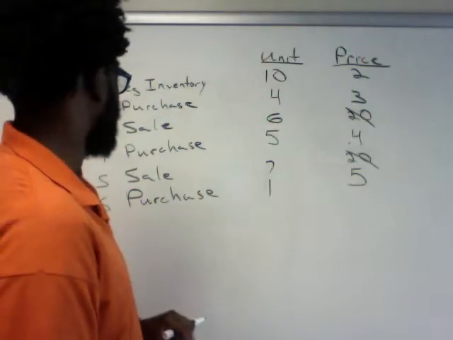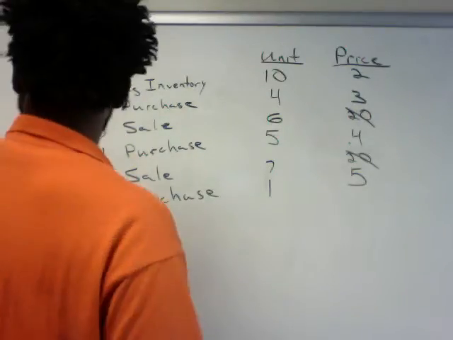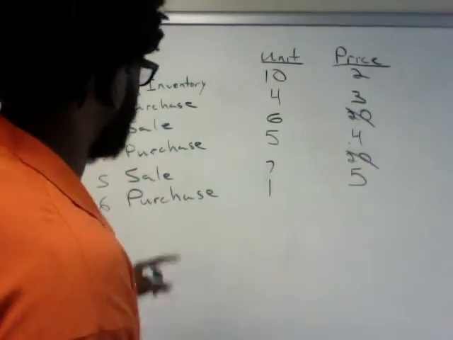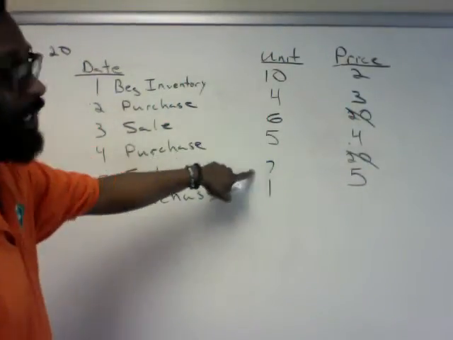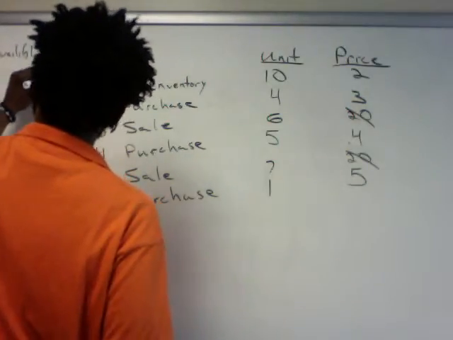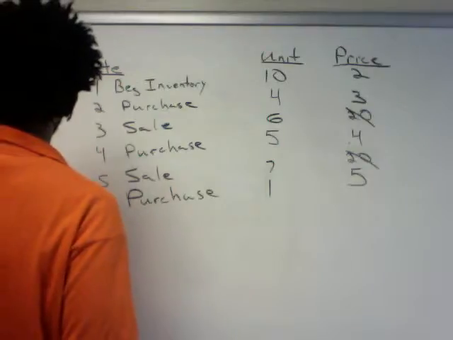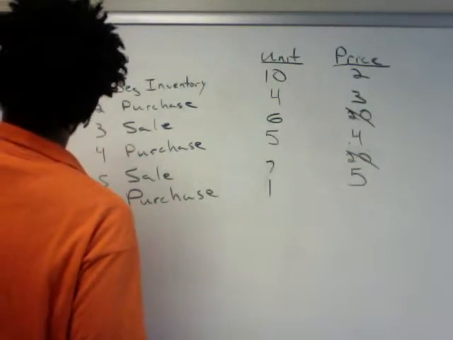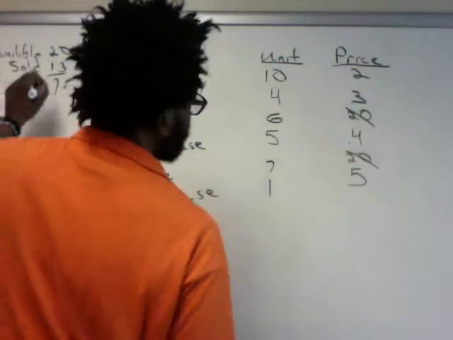So what is that? 10, 4, 5 and 1, that's 20. And our sold was, what is that? 7 and 6. Add up our sales, 13, right? So obviously we have ending inventory, 7 units, and goods sold, 13 units, right?